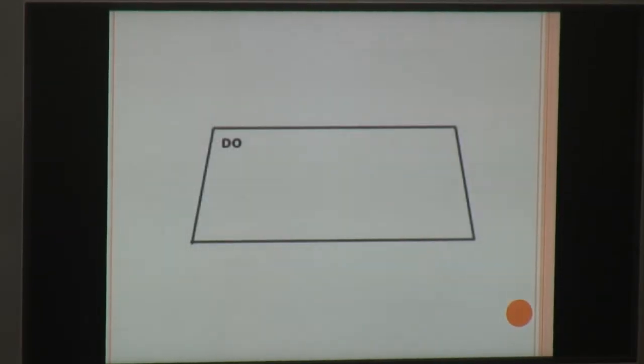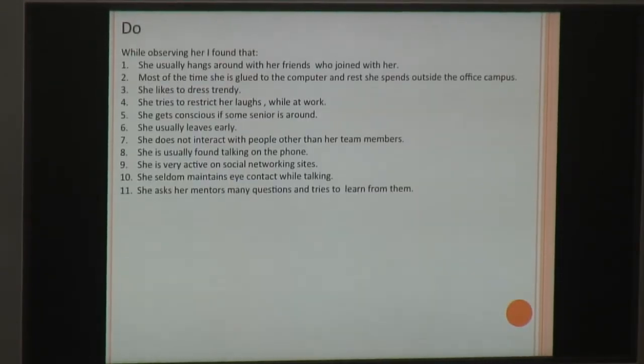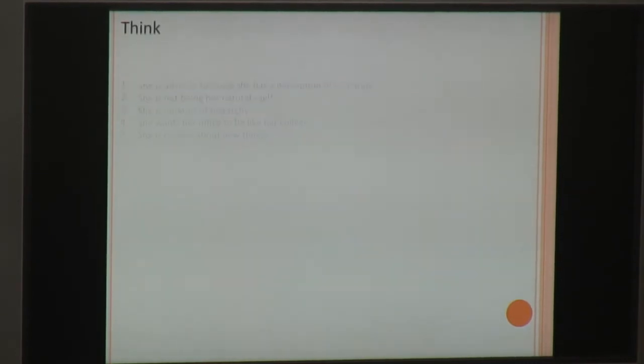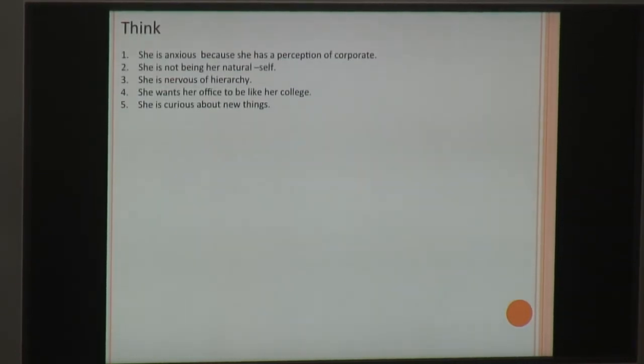In this case, this person says, oh, she wants her office to be like her college. So that's what the interviewer thinks the person they're interviewing is thinking.